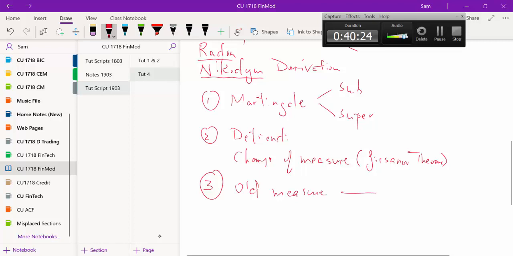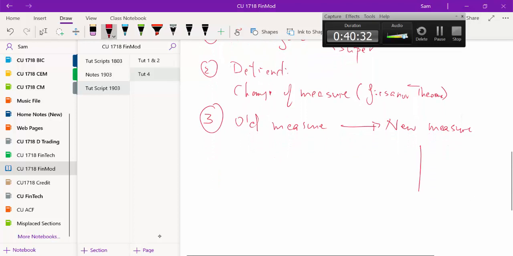You want to get to the new one. And then, you know what? You want to get back to the old one, don't you? And if there exists a Radon-Nikodym derivative connecting the two, then you can do this. Are you with me?